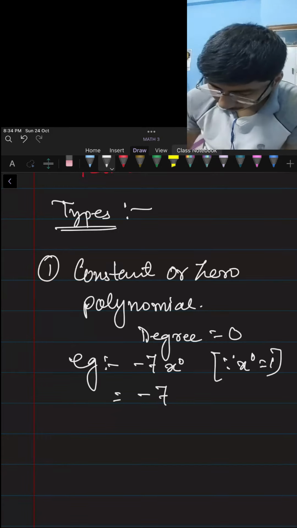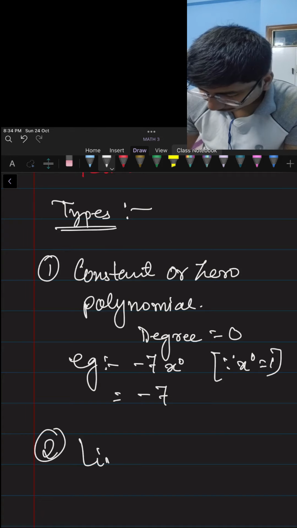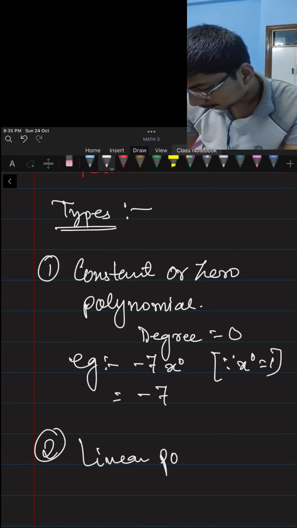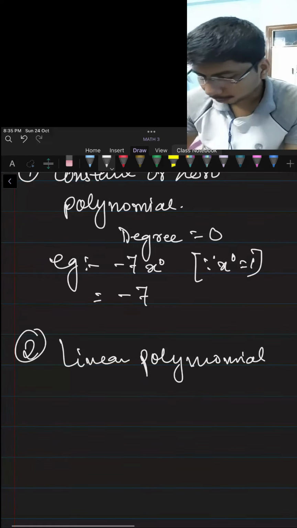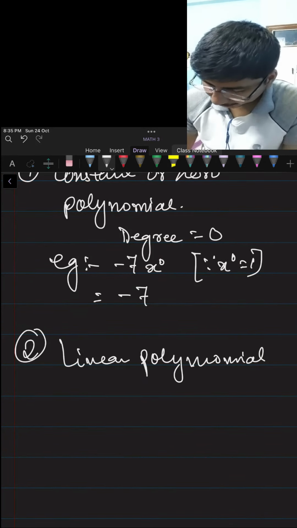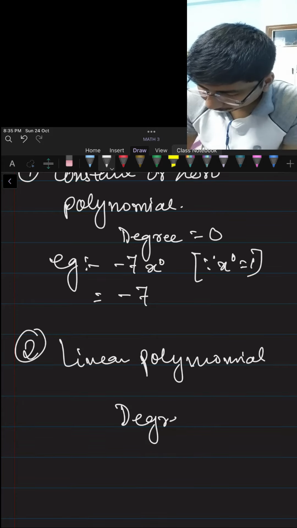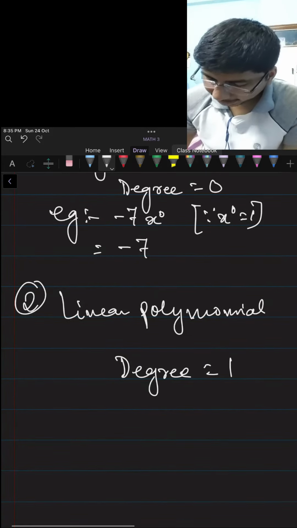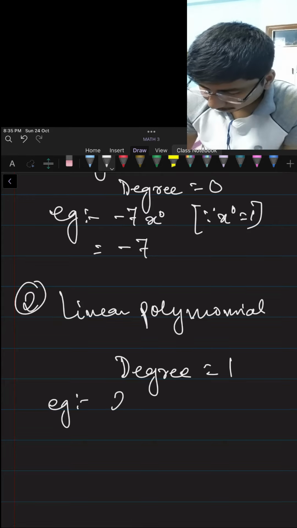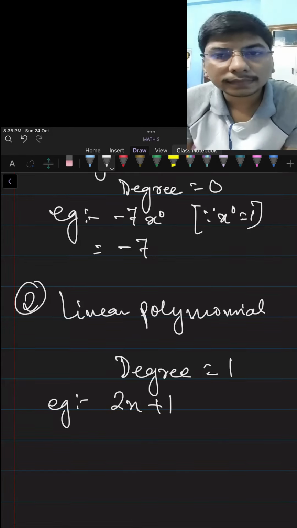Next is the linear polynomial. Here the degree will be 1. Let's take an example like 2x plus 1.